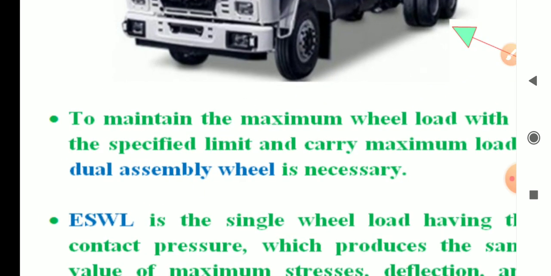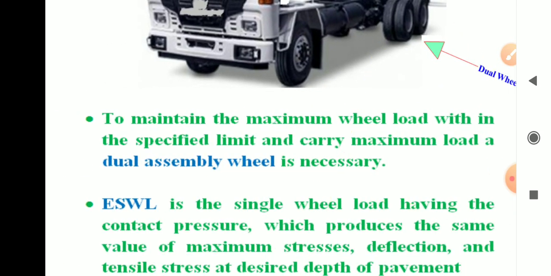To maintain the maximum wheel load within the specified limit and carry maximum load, a dual wheel assembly of the rear axle should be considered.